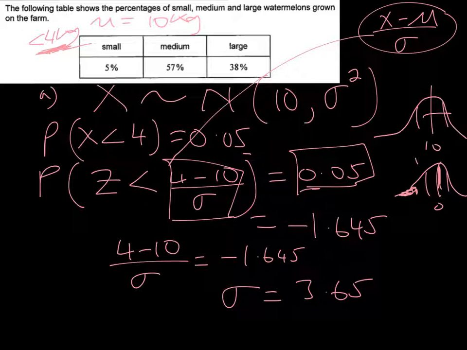So the key to this question is recognizing that even if we don't know the standard deviation in a particular normal distribution, and we've got the mean and the other variable x, we can standardize it and then work backwards from the inverse of the standard normal distribution in order to solve. So that is part A.